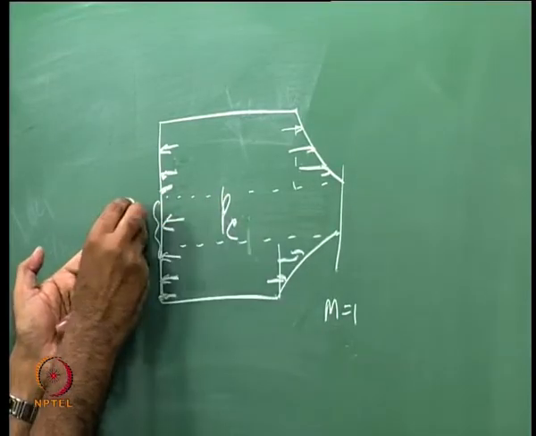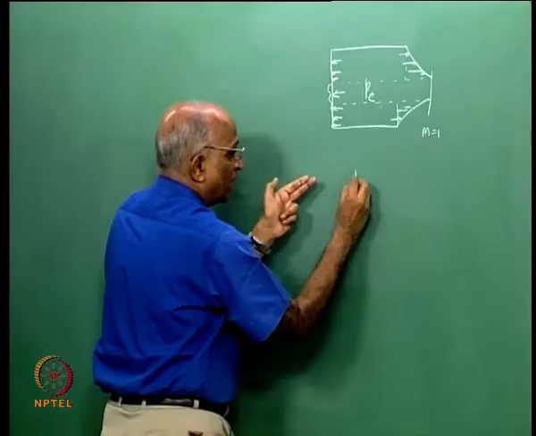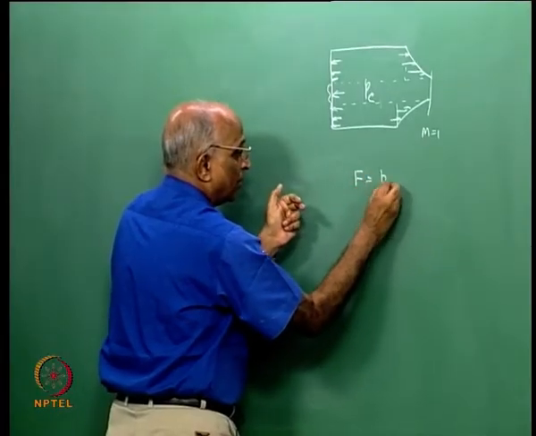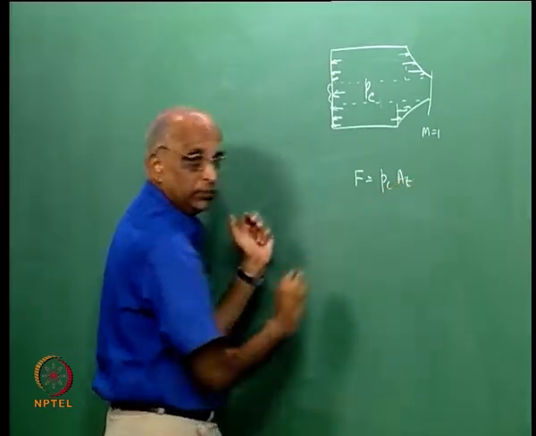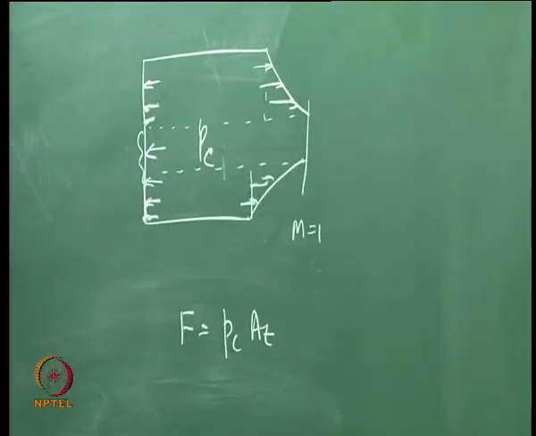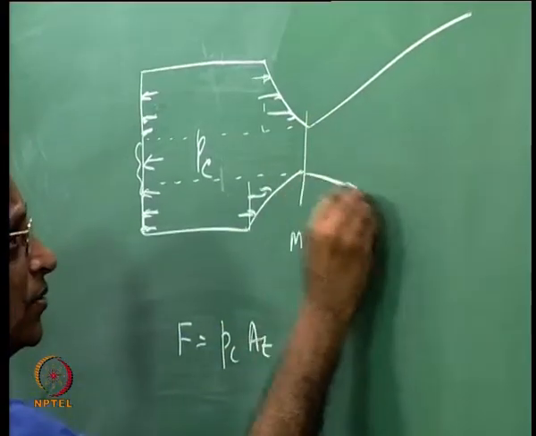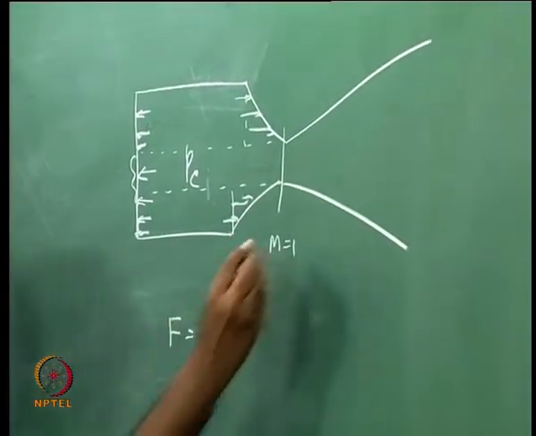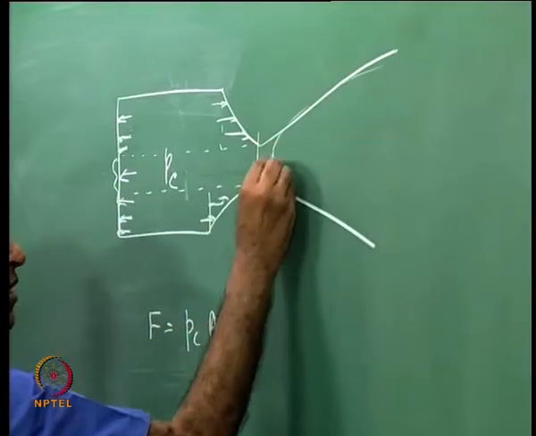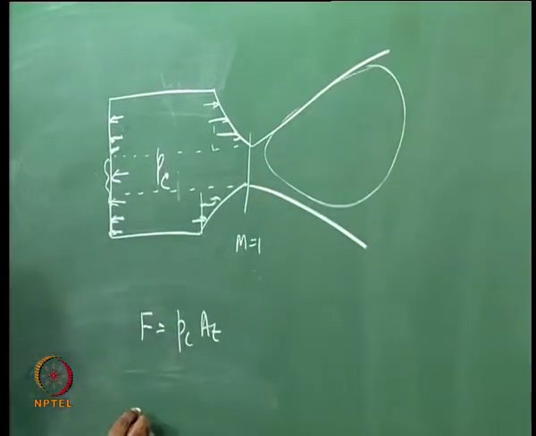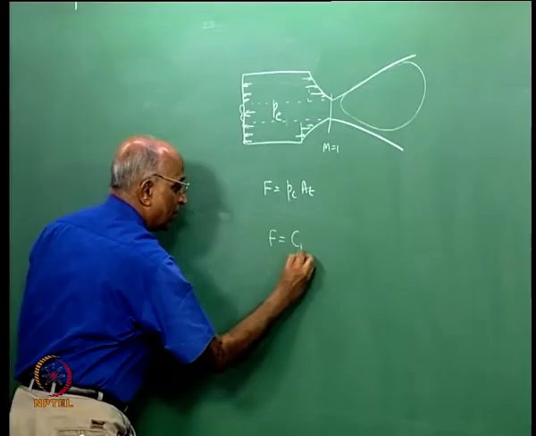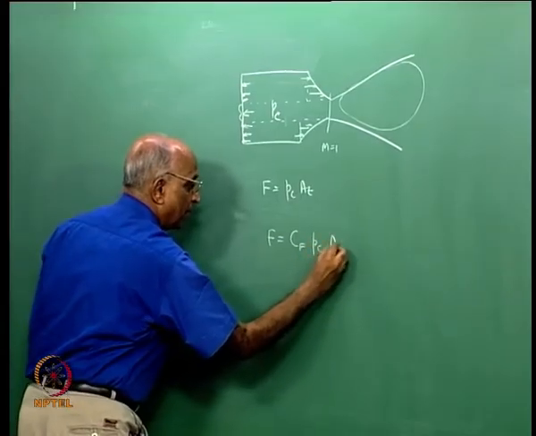If PC is very much higher than P, I can neglect P, and therefore my thrust is equal to PC into AT, just an order of magnitude. Now I have the divergent part like this, and I find that the force has somewhat increased because of this expansion, and therefore I write F is equal to CF into PC into AT.